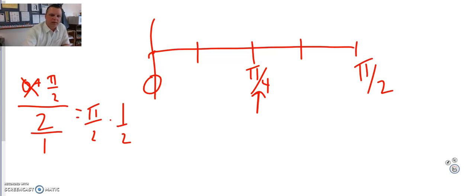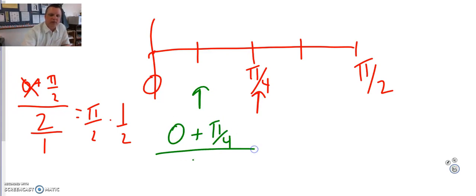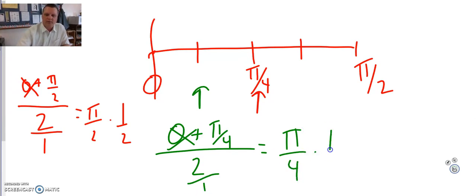Okay? Now, to find this one here, it's going to be the midpoint of 0 plus pi over 4 divided by 2. 0 cancels, so I have pi over 4 times 1/2, which is pi over 8.